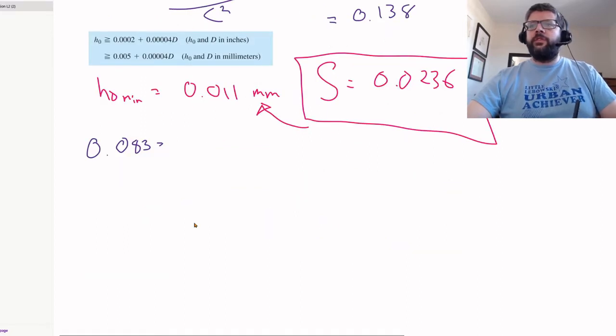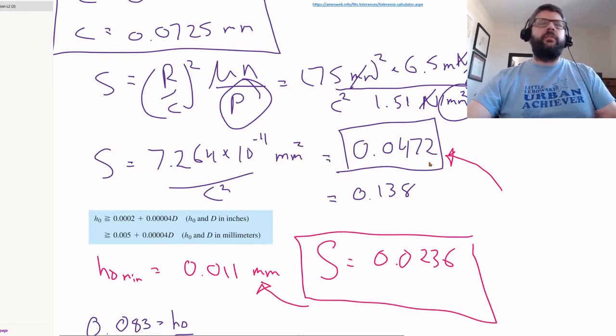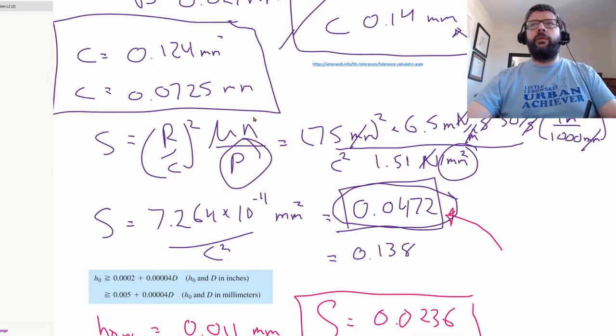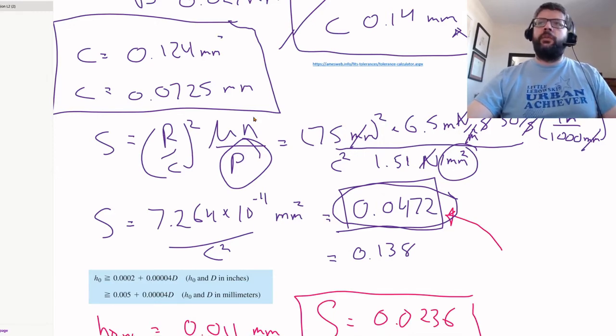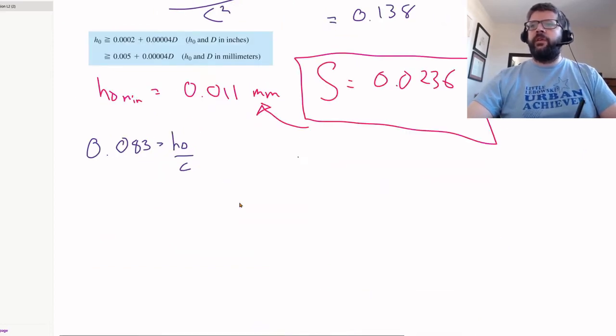So that's equal to h naught divided by c. So this particular one is the result of having the smaller S, which is the result of having the larger radial clearance. So this is where we're going with the 0.124 millimeter C.